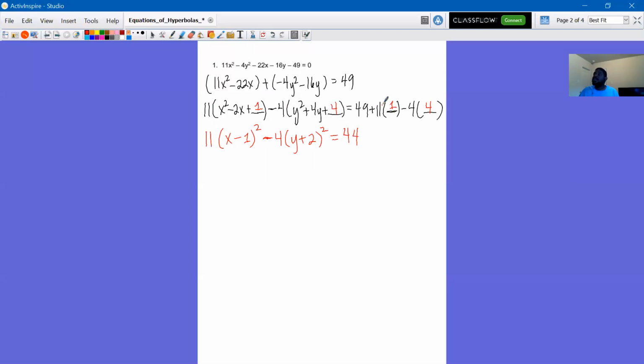Okay, so now after we simplify, we need this to be a 1, so we need to divide both sides by 44. When we do that, we get x minus 1 squared over 4 minus y plus 2 squared over 11 equals 1.